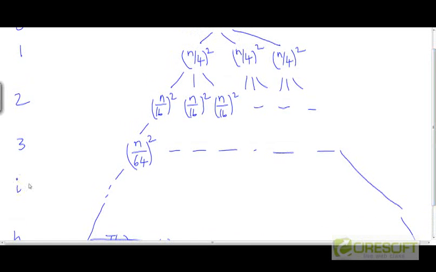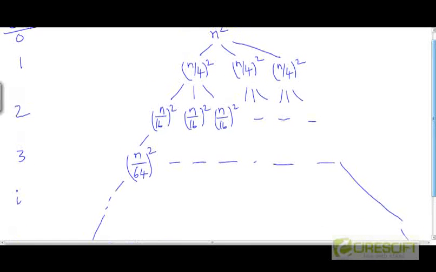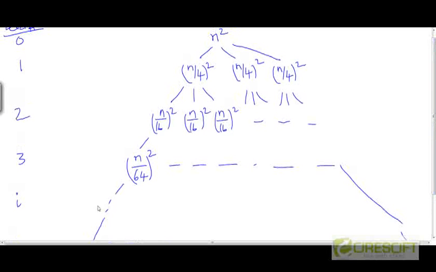And in general, at level I, the cost of each node at level I is going to be n by 4 to the power I square.